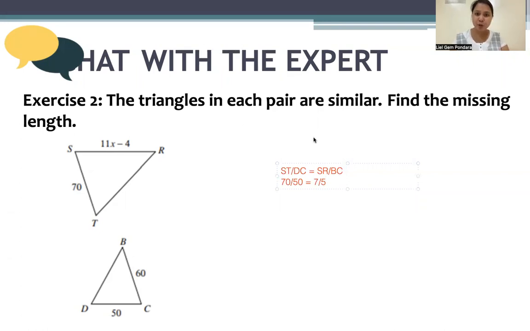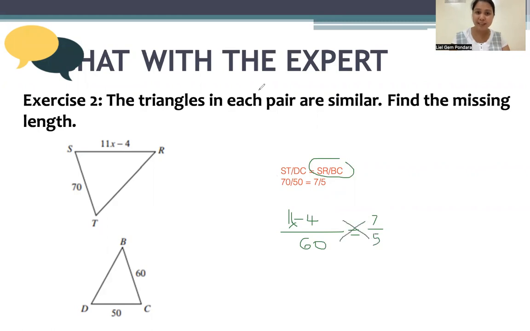So this time we need to write this one and equate it to our scale factor. So we have 11x minus 4 is equal to 60. That's equal to scale factor 7/5.